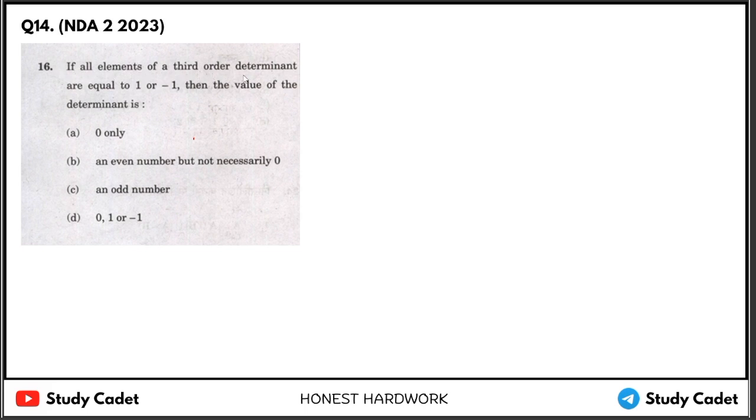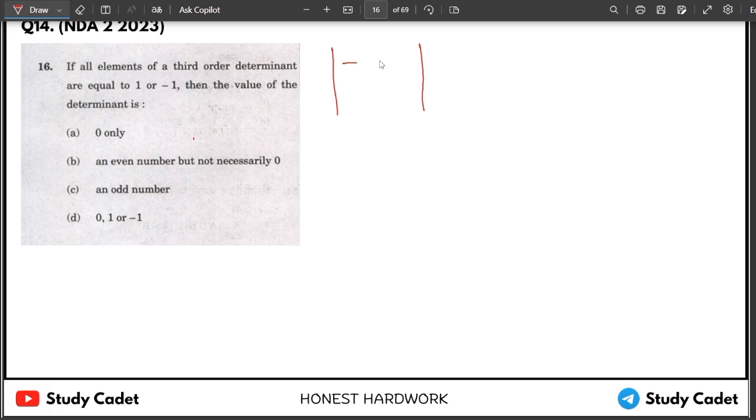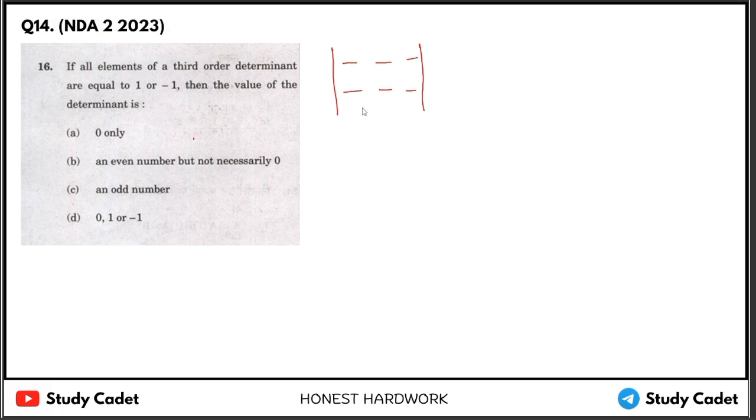If all elements of a third order determinant are equal to 1 or minus 1, then the value of the determinant is... Third order determinant means at every place there can be 1 or minus 1, right?